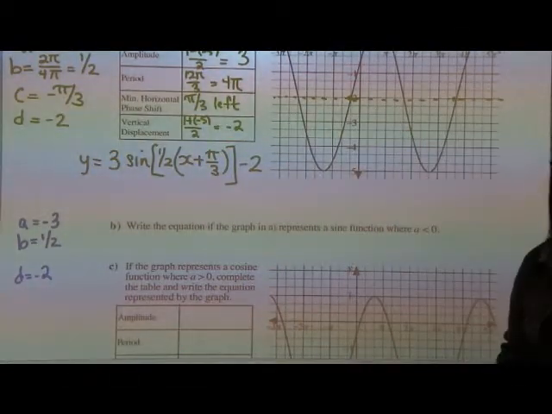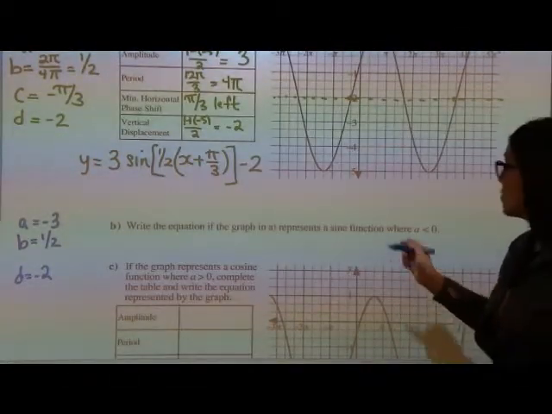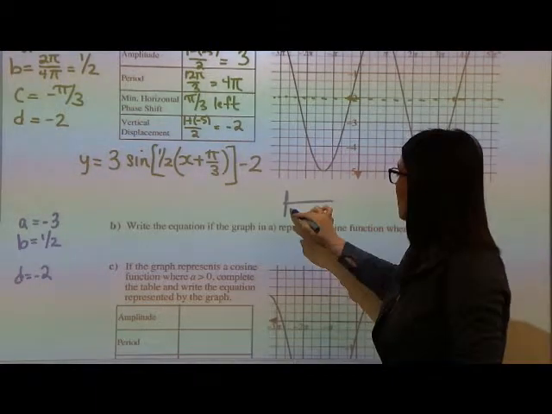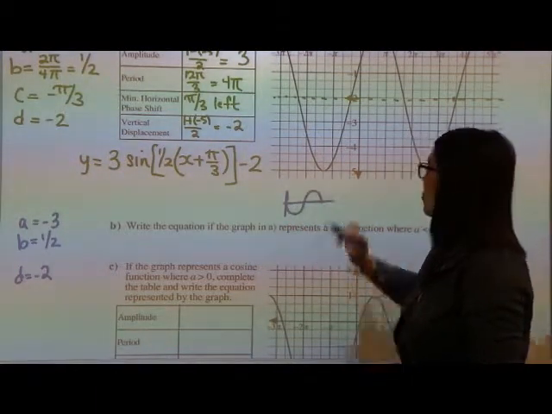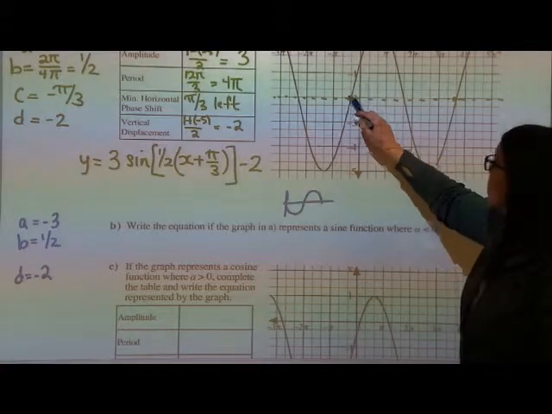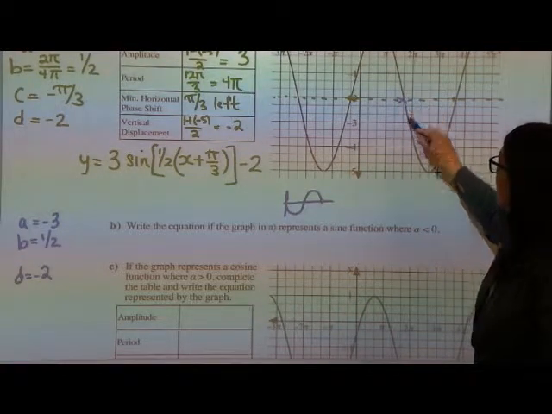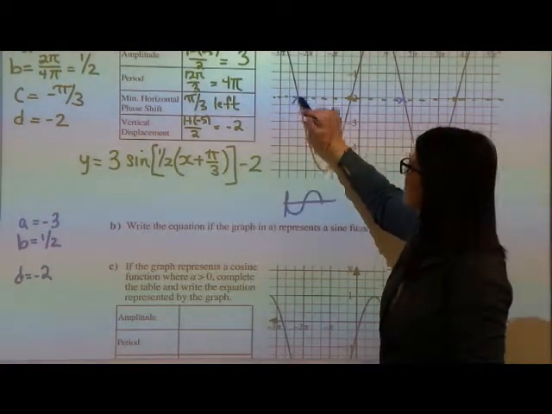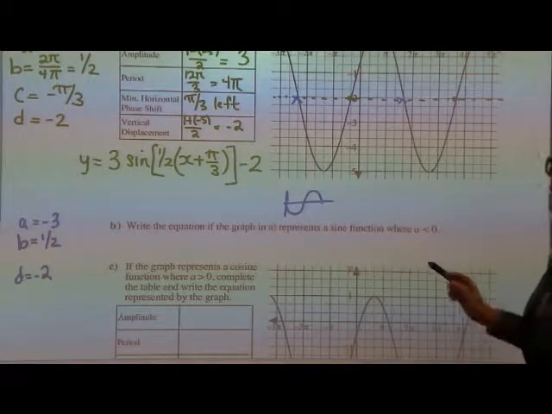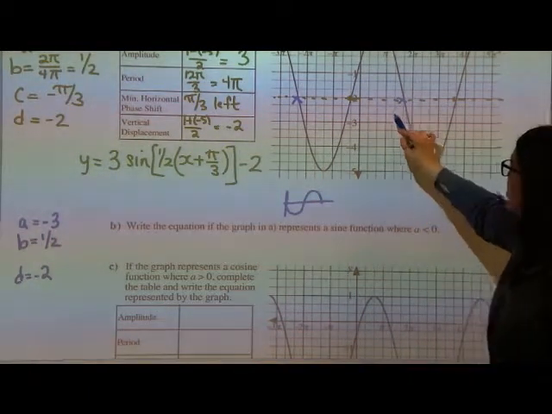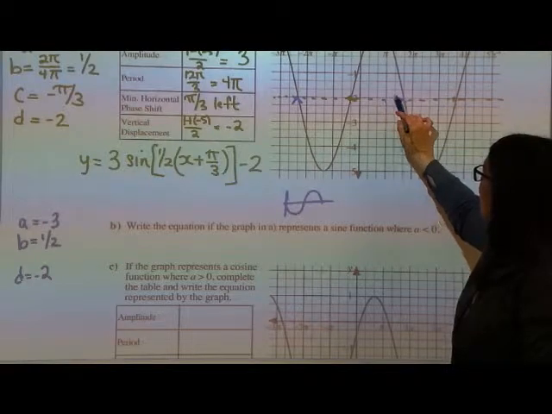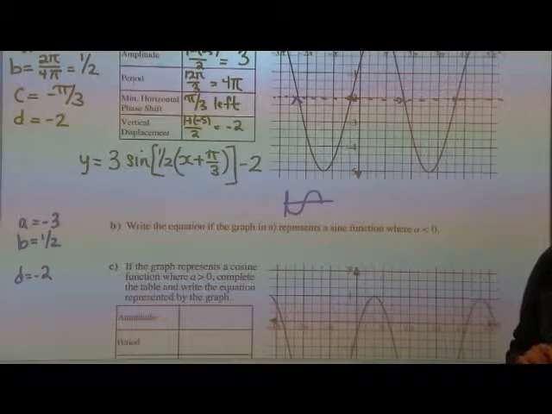What changes is the horizontal phase shift. Because when I reflect that sine graph, it now goes down and goes up. So what I want to look for is where does it go down and then come up. And the minimum phase shift is the one that's to the right. 1, 2, 3, 4, 5 pi over 3 units.